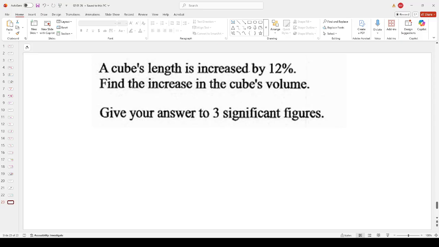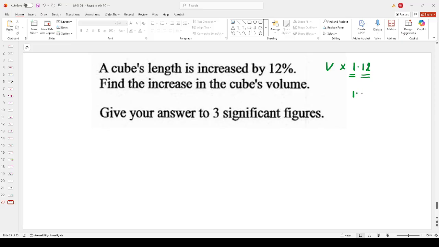So the cube's length is increased by 12%. So it's going to be... no, sorry, the volume times by 1.12. So that's the original shape, and that's the 12% added.